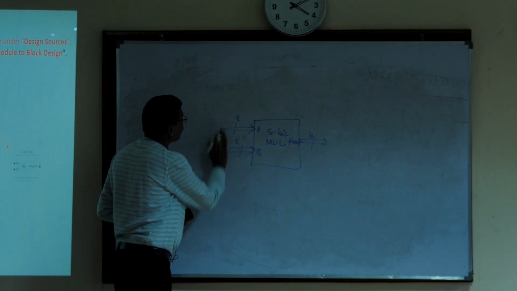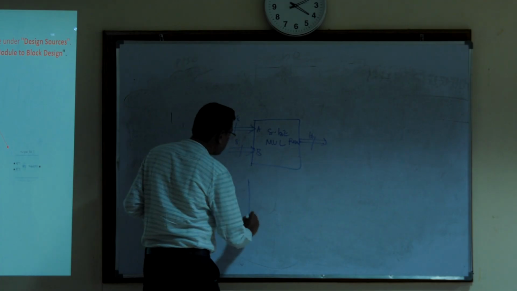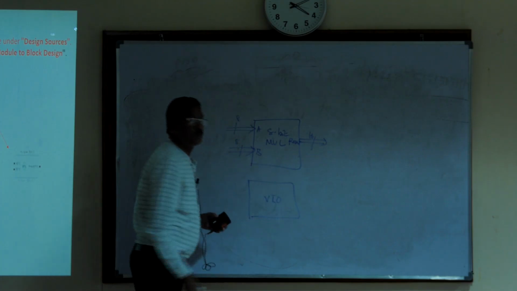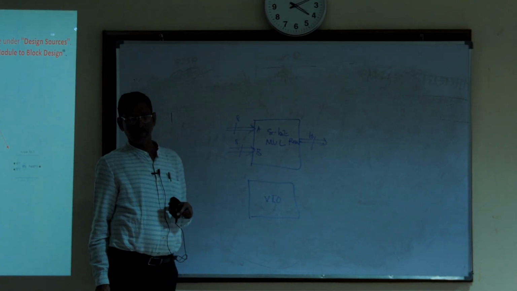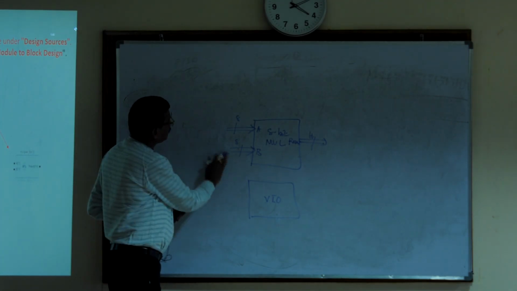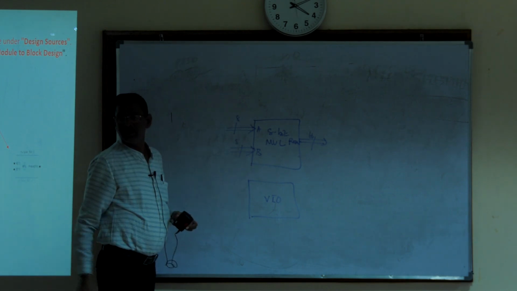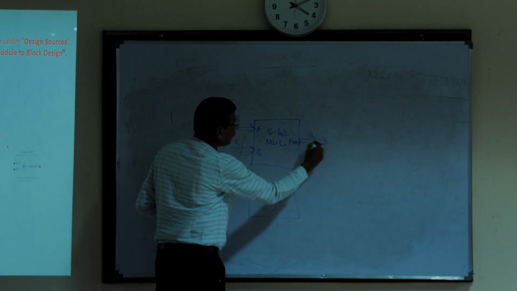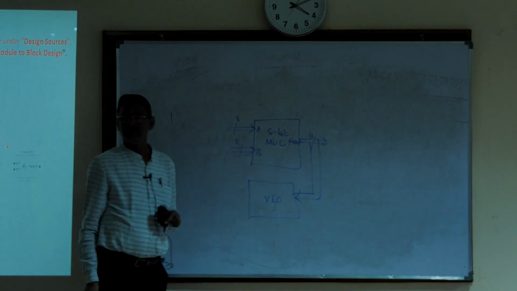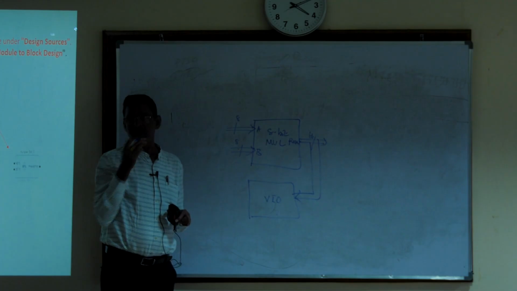To test this after implementing, we are using one IP called VIO, the virtual input output IP. By using this IP, we can generate the test inputs. What are the test inputs? 2 inputs are required. That means this output is connected as an input to this VIO, so the output we can also monitor.